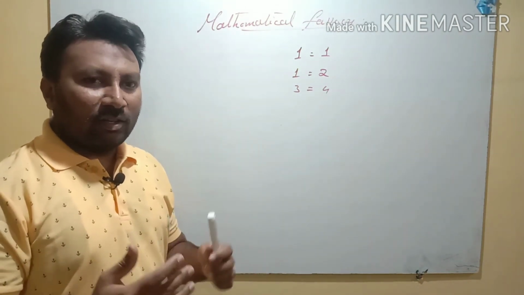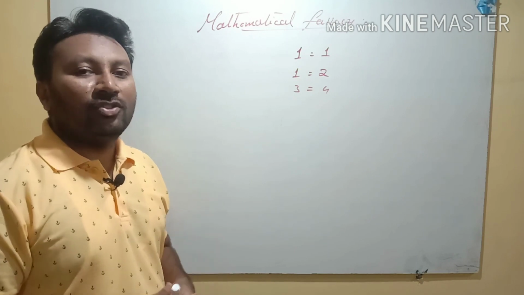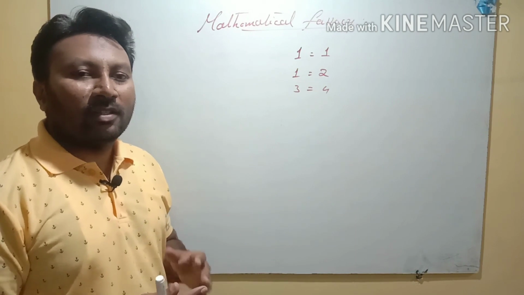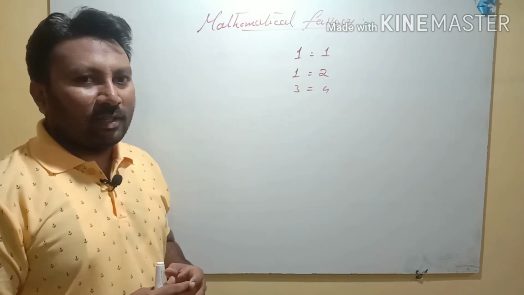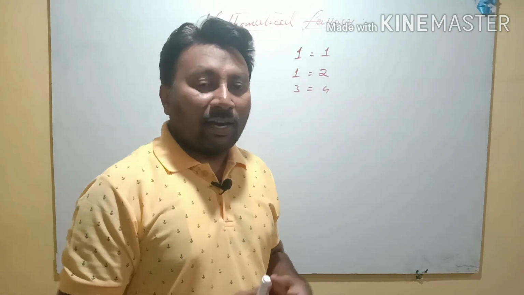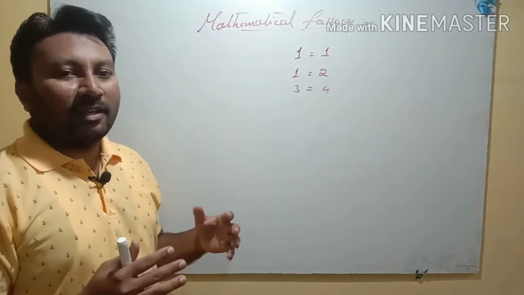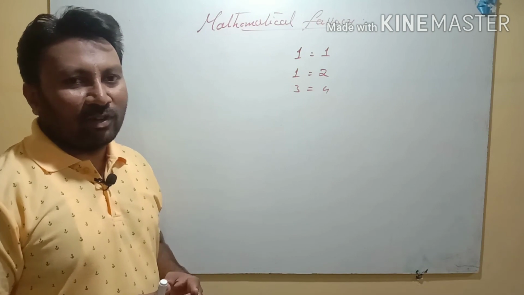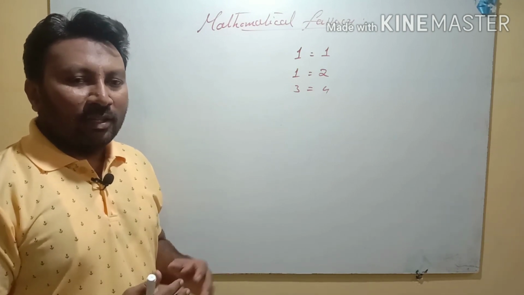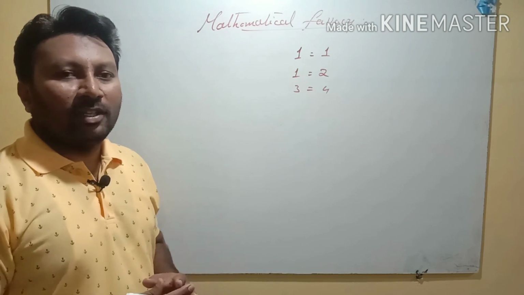I think you have all heard about Euclidean geometry. In Euclidean geometry, the logical statements are the axioms. The first axiom: things which are equal to the same thing are equal to one another. The second axiom: if equals are added to equals, the wholes are equal. The third axiom: if equals are taken from equals, the remainders are equal. All these statements are taken from Euclidean geometry.